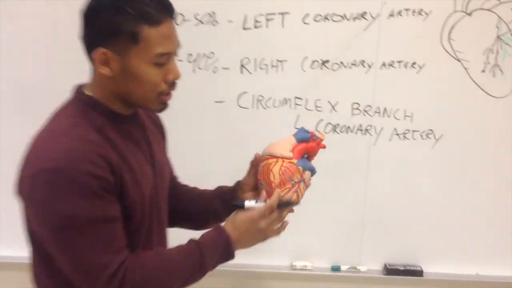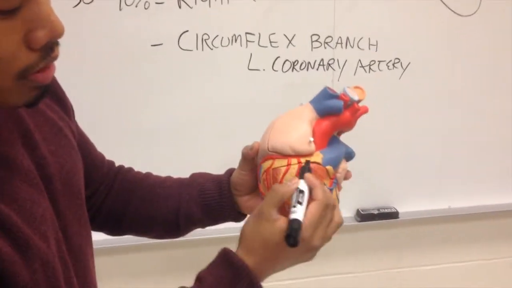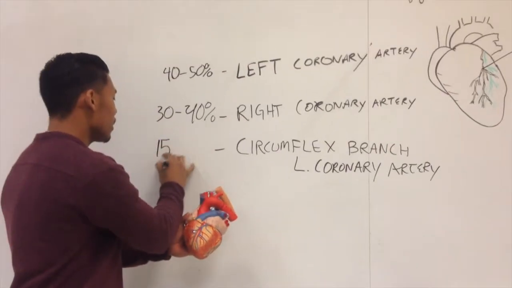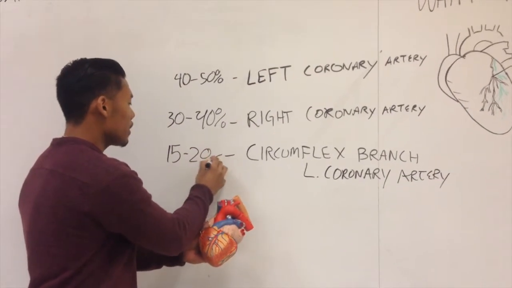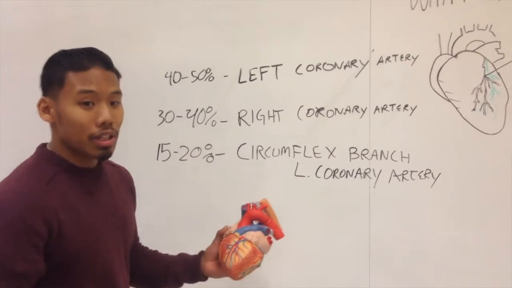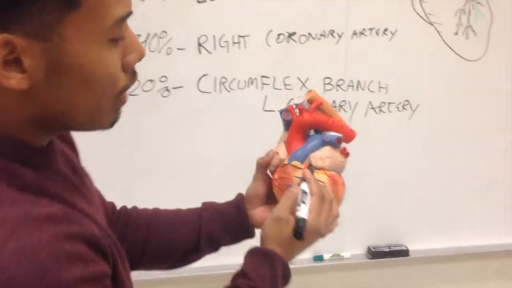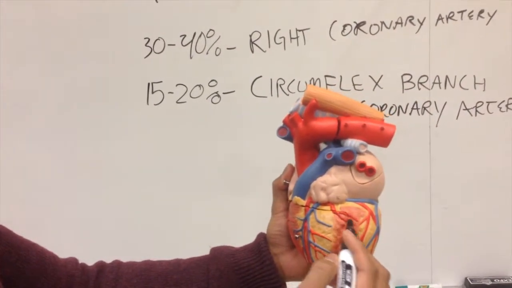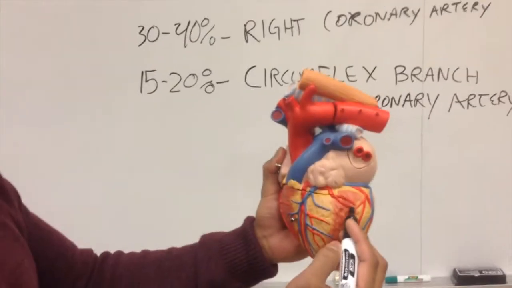Now, that can be localized here within the heart. And last but not least, you can find 15 to 20% of these common sightings of obstruction right on the right side of the left coronary, in the circumflex branch of the left coronary artery.